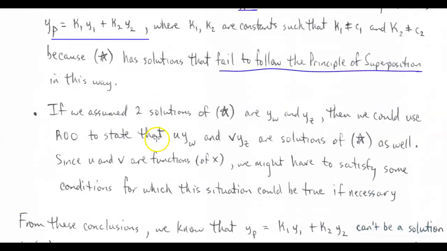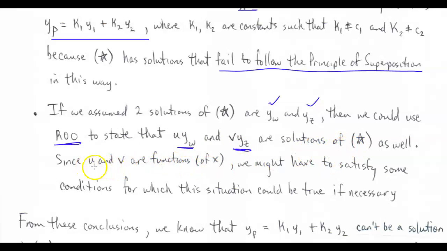Number two, if we assume that two solutions to our original equation star are going to be these two that I mentioned earlier, then we could use reduction of order to state that these two functions are solutions to it, as I stated.